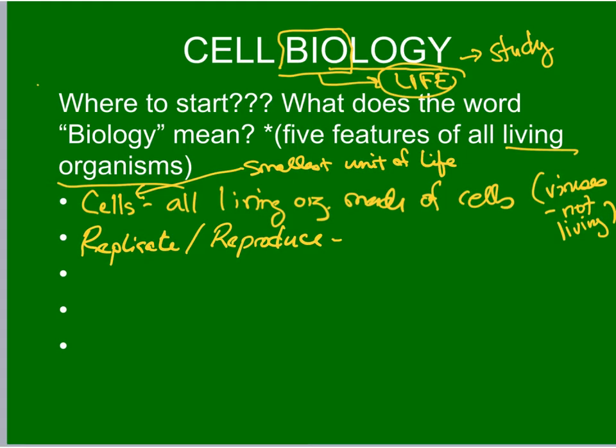What are the rest? Well, all living organisms have heritable material. And I'm going to make you say heritable. And what does heritable mean? You can inherit things. These are passed down from generation to generation.